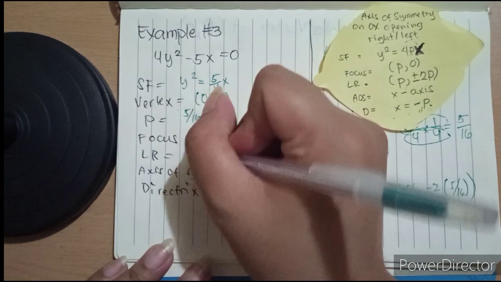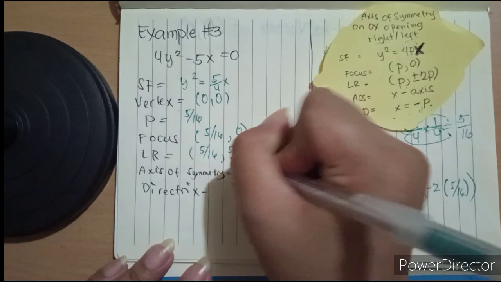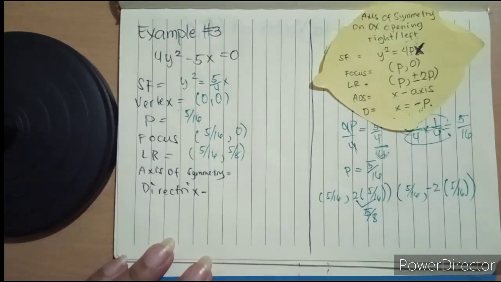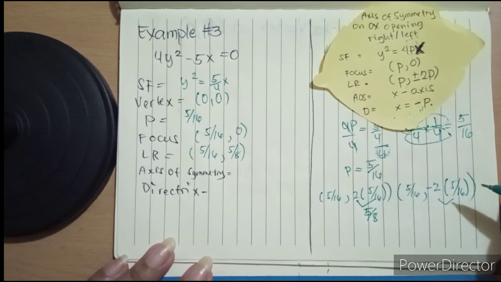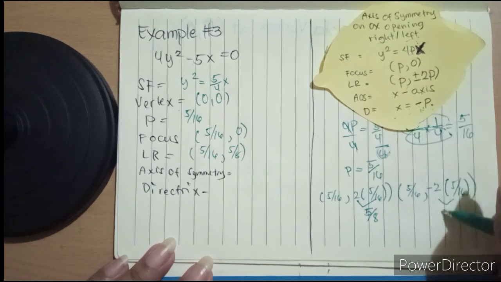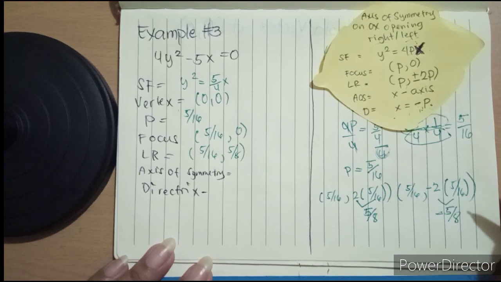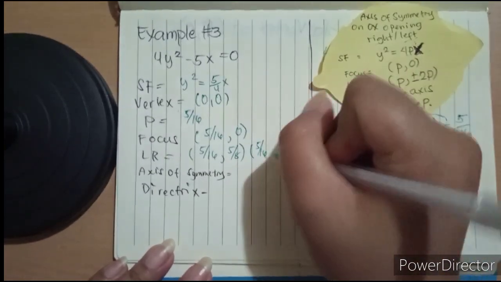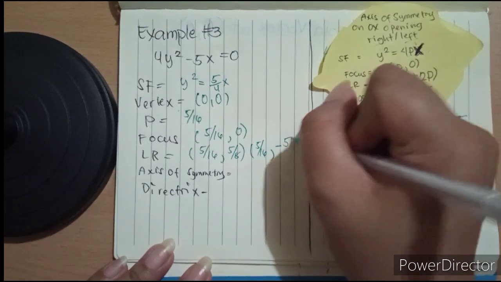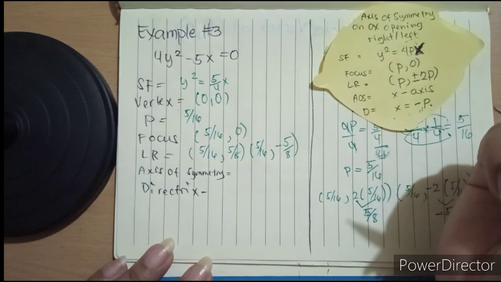So, our first ordered pair for the latus rectum, we have (5/16, 5/8). And then, dito sa kabila, negative 2 times 5/16 is equal to negative 5/8. So, the answer for the second one, we have (5/16, negative 5/8). So, ito na po yung ating latus rectum.